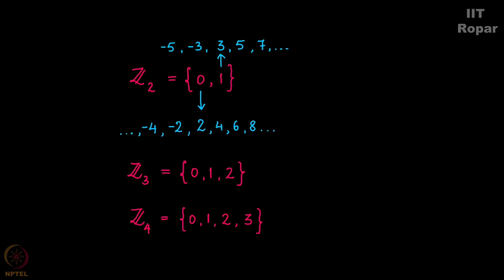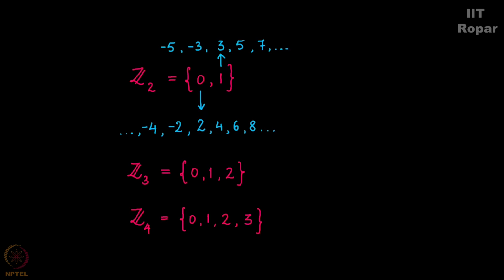What is it with Z4? It is 0, 1, 2, 3. Because any integer when divided by 4 will not give you any other remainder other than these 4 integers. It is 0, 1, 2 or 3.